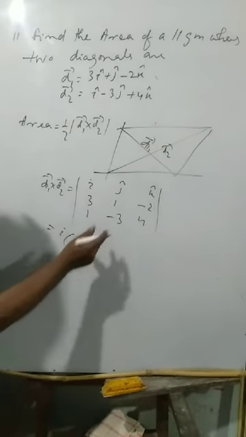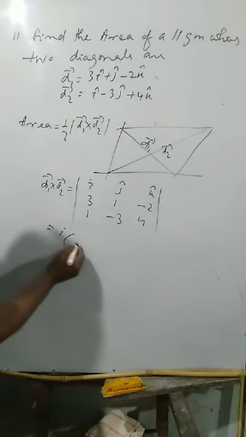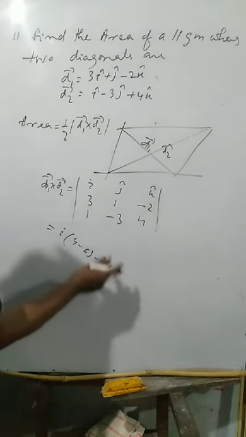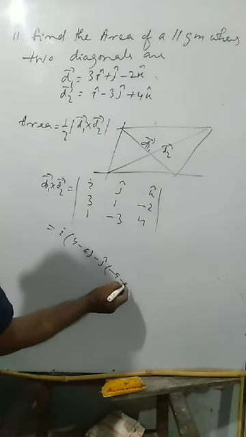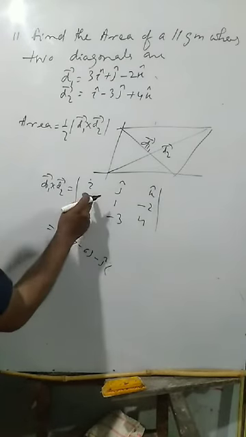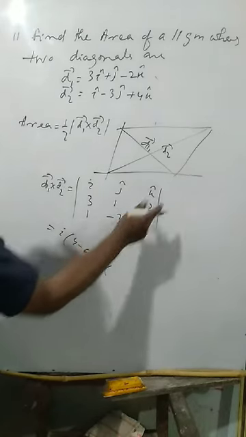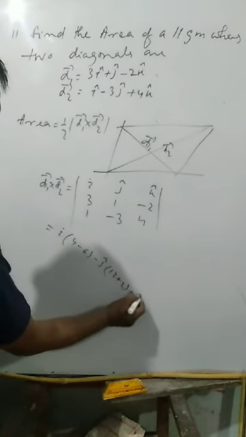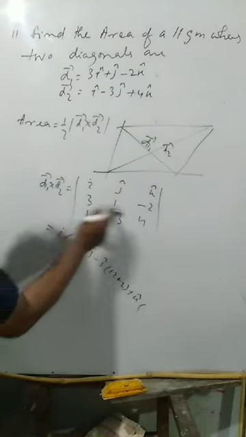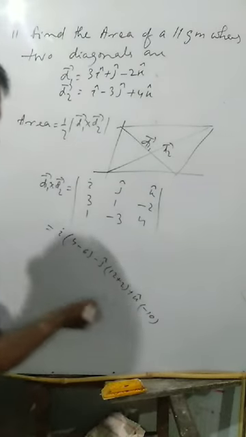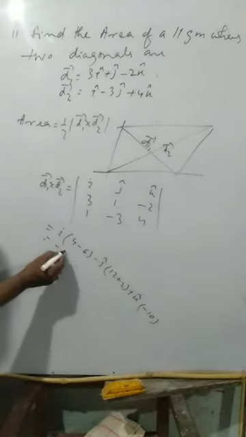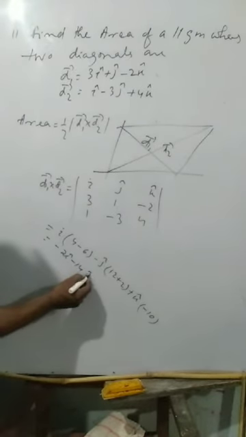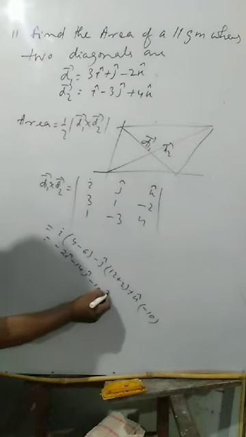I cap into 4 minus 6, minus j cap into 12 plus 2, plus k cap into minus 9 minus 1, minus 10. So here it is minus 2 I cap, minus 14 j cap, minus 10 k cap.